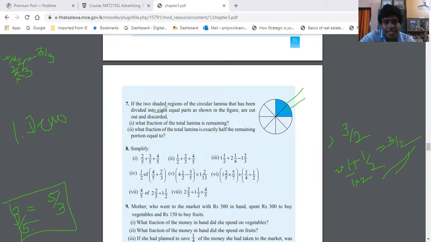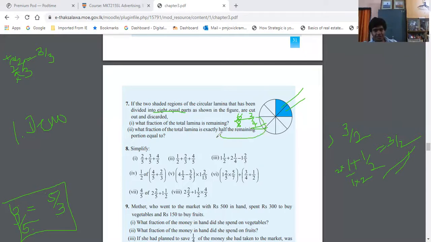It is divided into 8 equal parts, that should be your denominator. So how many are remaining? If 2 parts are gone, 6. You can simplify 6/8 by dividing by 2. Next: what fraction of the total lamina is exactly half the remaining portion equal to?